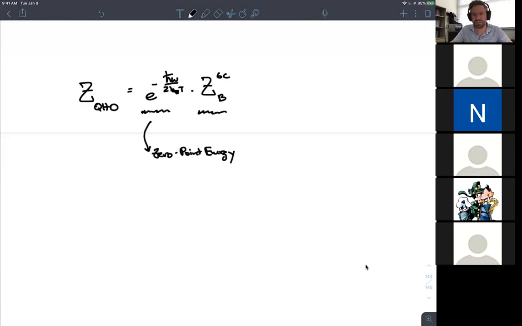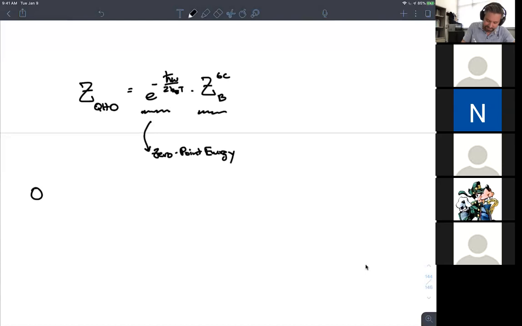But the zero-point energy is effectively a constant, and so it's not going to meaningfully influence the statistics or the behavior of the system. In other words, these oscillations in this crystalline lattice behave statistically just like a collection of bosons. Does that make sense?